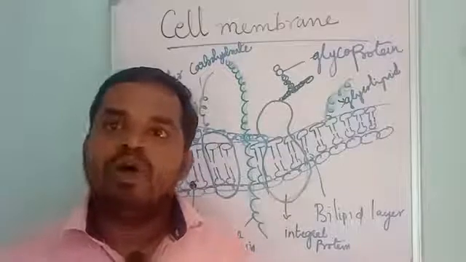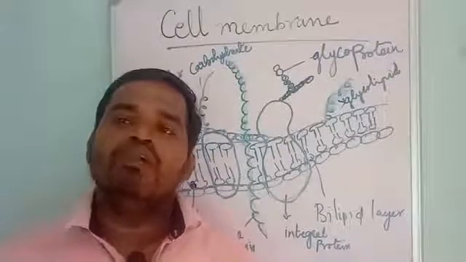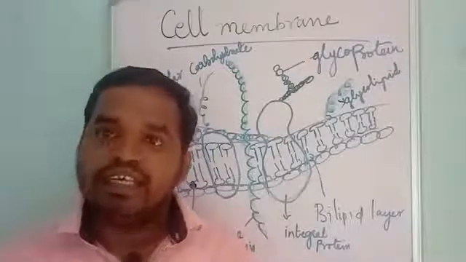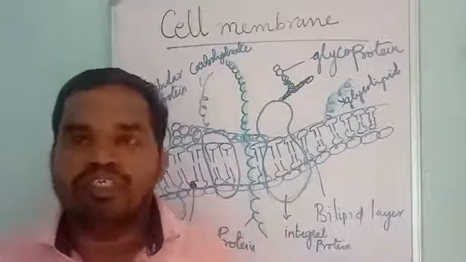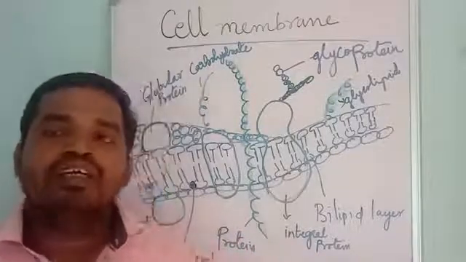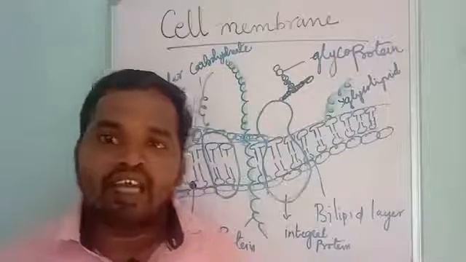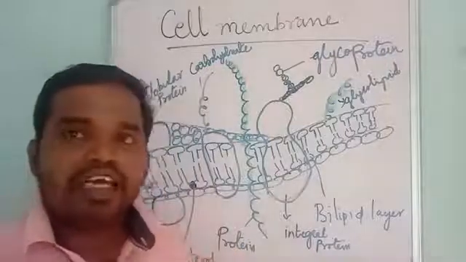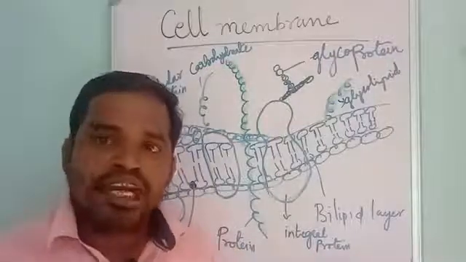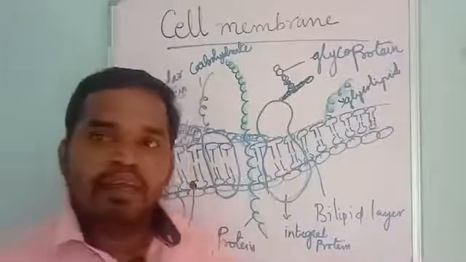Okay. With the discovery of the microscope, and especially the electron microscope, scientists are able to study the nature of the plasma membrane, I mean the chemical structure of the plasma membrane.